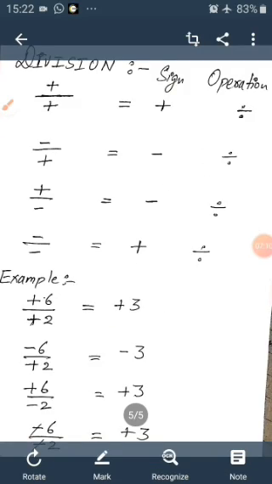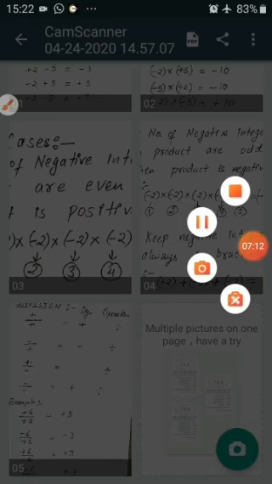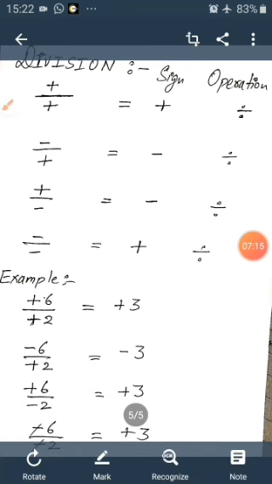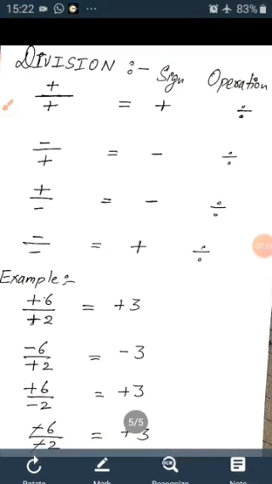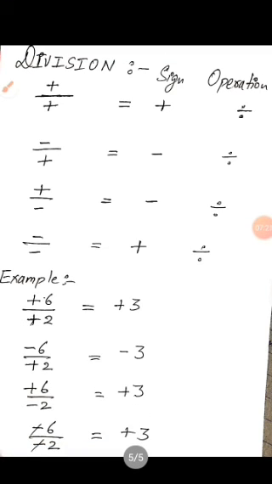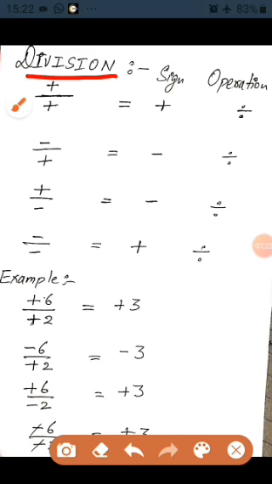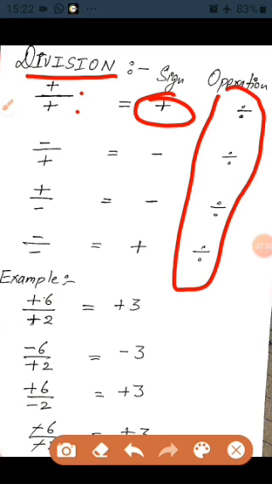So this is the last case of our operations, and this is division. In the first case, if both numbers are positive, then the answer will be of positive sign, and the operation will be the same for all the cases.